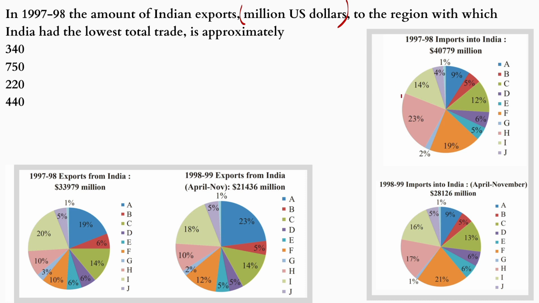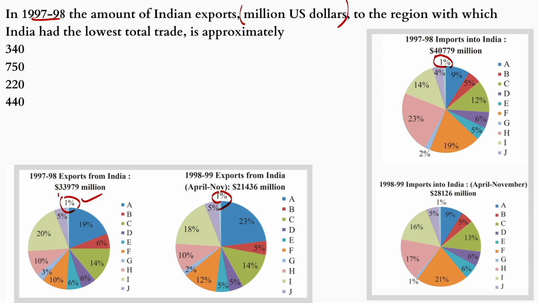total trade? K, right? K, we have 1%. In the previous slide we calculated. There is no other value which is less than 1%. So the value of 1% is least among all the values mentioned here. So exports for the year 1997 to 98. So this is 1%, right?